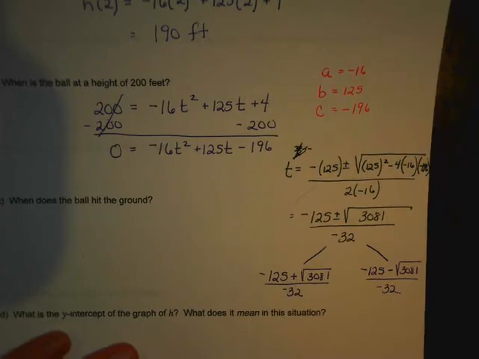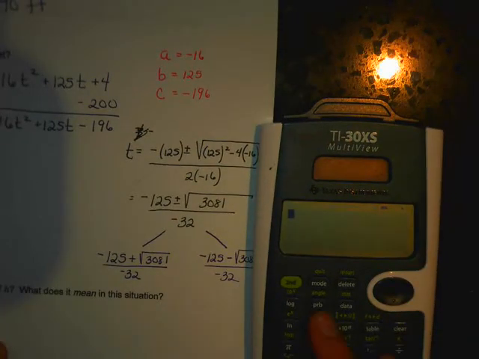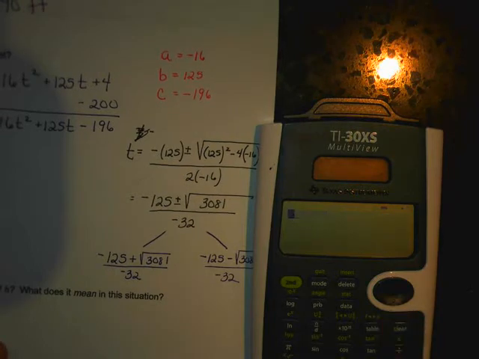So let's see what these two answers are. You ready? So negative 125, holy schmacks, let's try it again. There we go. Negative 125 plus square root of 3081, and this is all over negative 32.